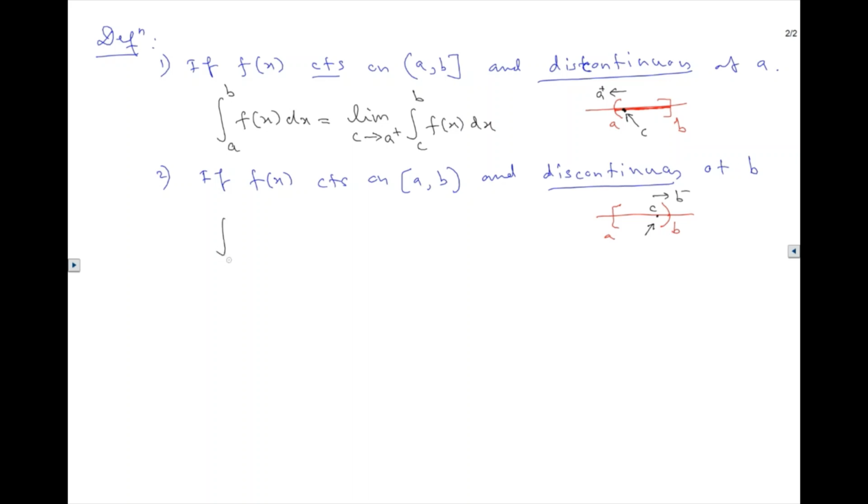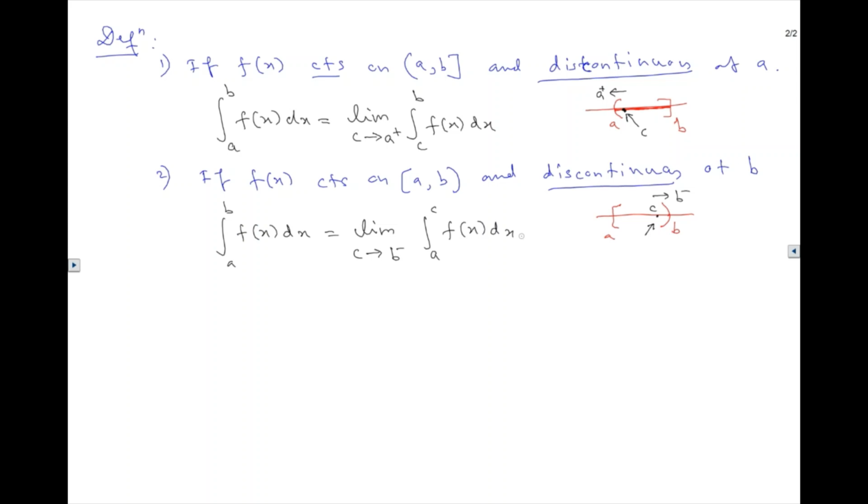So it is the integral from a to b of f(x) dx equals the limit. We pick a c, but c you send to b from the left. So it is now the integral from a to c of f(x) dx. So that's the second case. You can see that in the first one you have a discontinuity at a, in the second one you have a discontinuity at b.